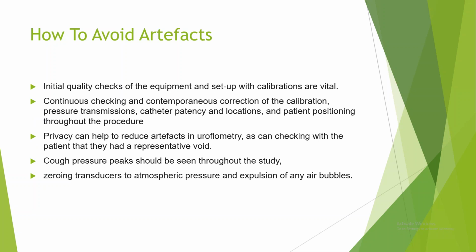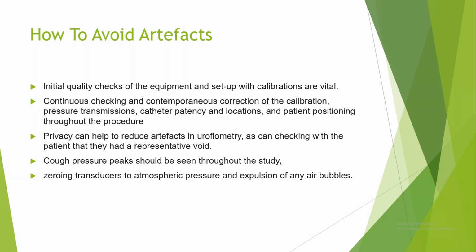To avoid artifacts, initial quality checks of the instrument are very important. We have to see whether the instrument is calibrated well or not. We have to start from zeroing, that is, the zero value should be set before starting the graph. And continuous checking: how do we do it? Ask the patient to cough. It will give a simultaneous rise in the vesical and abdominal pressure but no rise in detrusor pressure, which means the pressure is recording correctly.